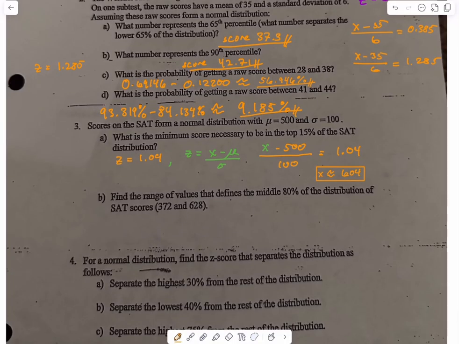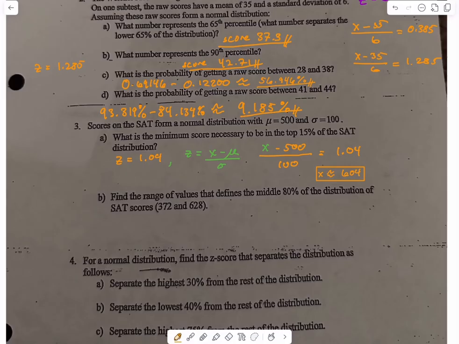Okay. Find a range of values that defines the middle 80% of the scores. Middle 80. So 10 off the top and 10 off the bottom, 90%.